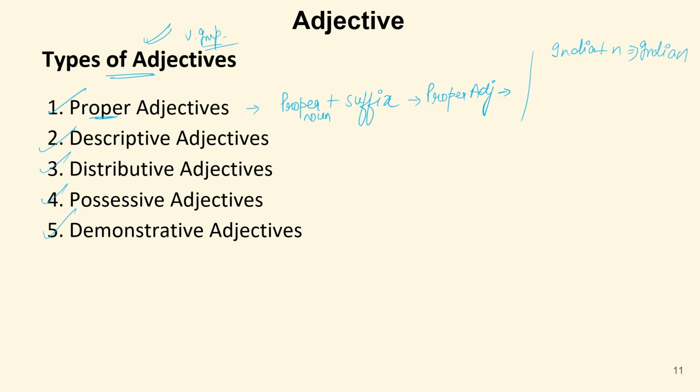So, India is a proper noun to which I added N, a letter that is used as a suffix. A suffix is a letter or a group of letters that is added after the word. So this is called a suffix. So this is Indian. So this is an adjective. Now, Indian is basically used for a person. If I say I'm an Indian, it means it is telling about me.